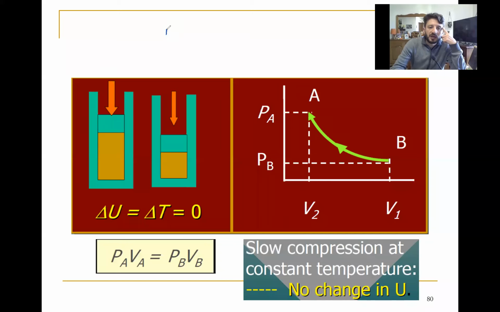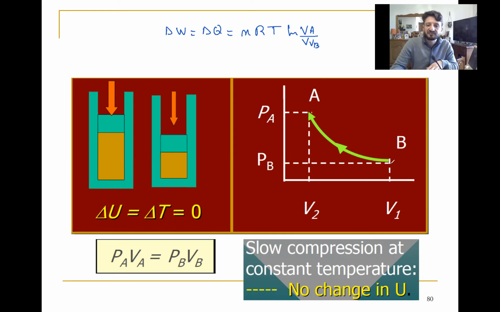We have d omega equals dq equals nRT ln V final divided by V initial. If I take this state where VB is the initial state and VA is the final state, here we have VA divided by VB.